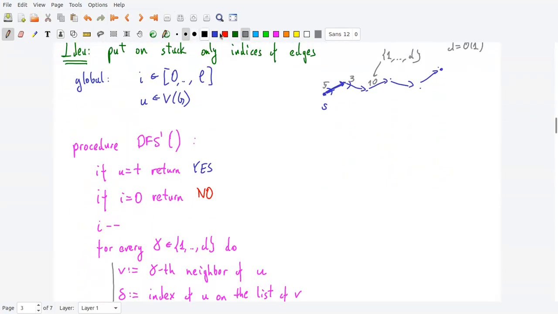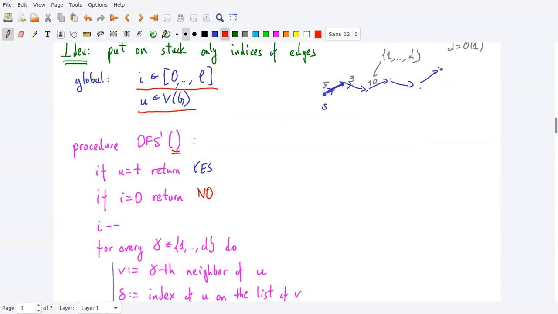To make it more specific and hide less in the recursive calls, I will think that this recursive procedure doesn't take any parameters. So DFS prime is a procedure that doesn't take any parameters, and there are two global variables: the vertex I am in at this point and the depth of the recursion, meaning how much depth is still allowed.